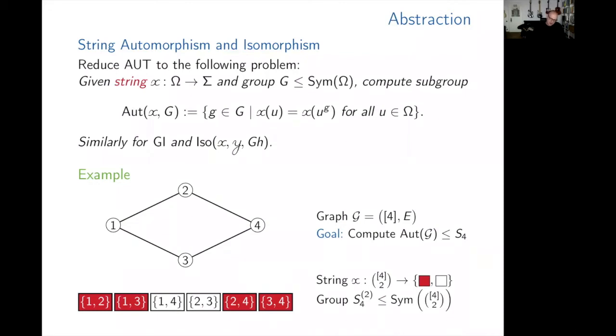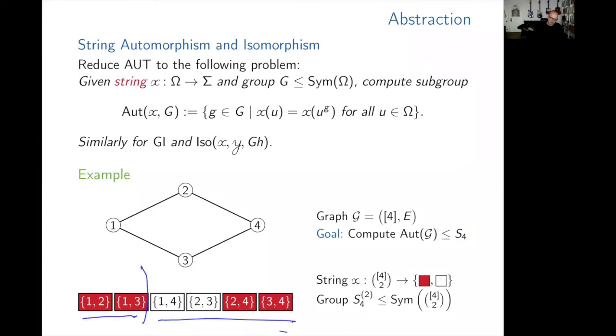And there's a second convenient thing. If we split such a string somewhere, okay, let's just split it here, and let's say these are two orbits of the group, then we can look at this part and this part separately, and we don't have to worry about edges that may cross the cut.